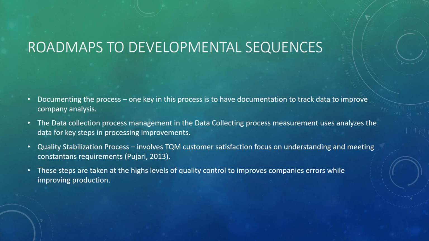Quality stabilization process involves TQM's customer satisfaction focus and an understanding of meeting constraints and requirements. Quote from Pajaro, 2013. These steps are taken at a high level of quality control to reduce companies' errors while improving production.